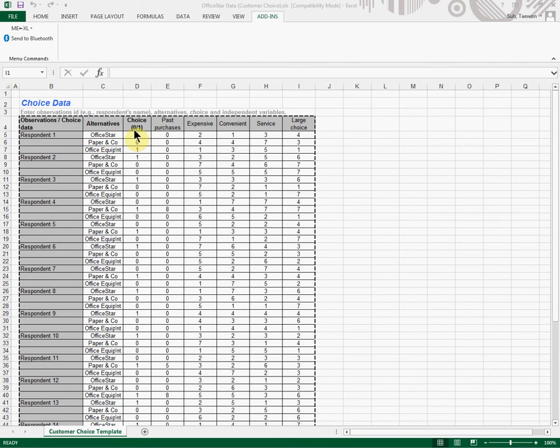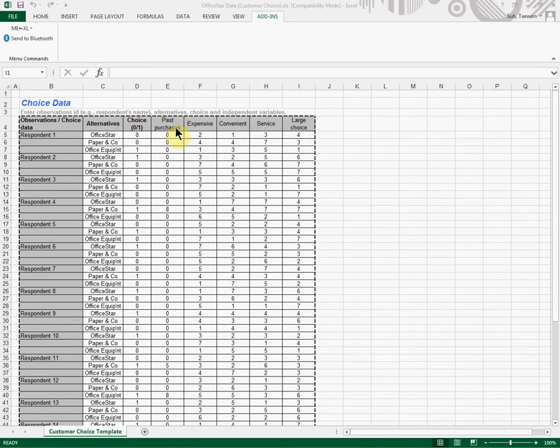And the model is together with a group of independent variables. We have here 1, 2, 3, 4, 5 different independent variables that influence the dependent variable. Variables such as past purchases, expensive, convenient, service, large choice. In our hypothesis, we can think that these influence the dependent variable.